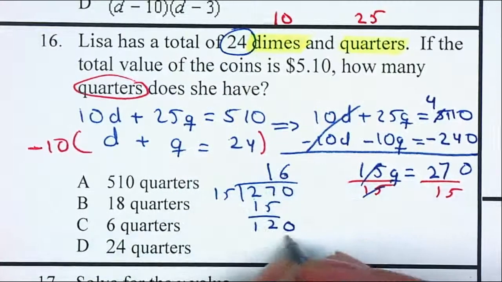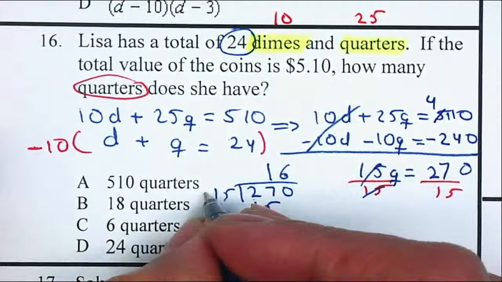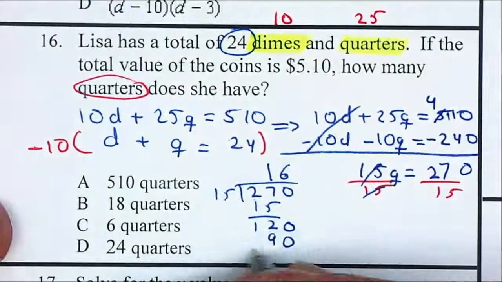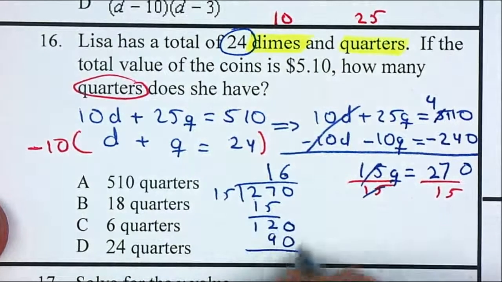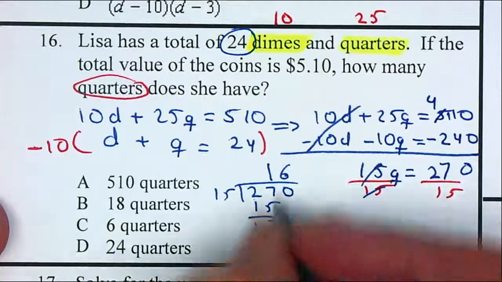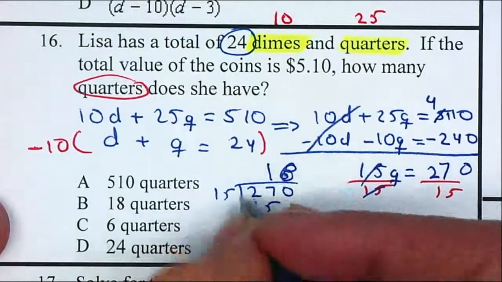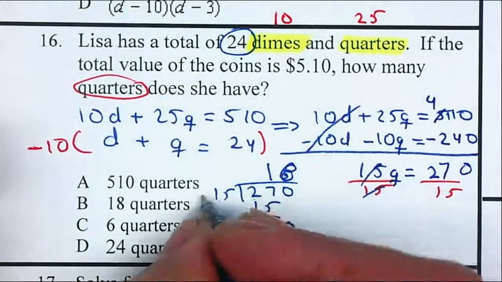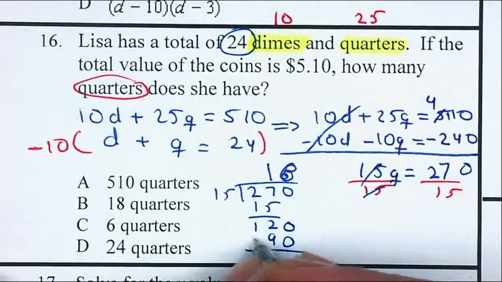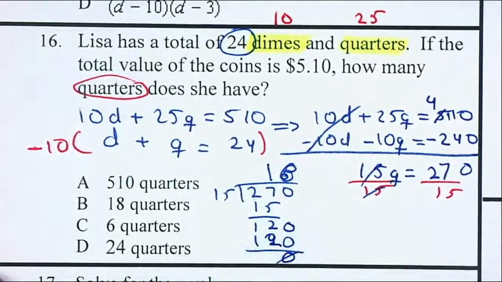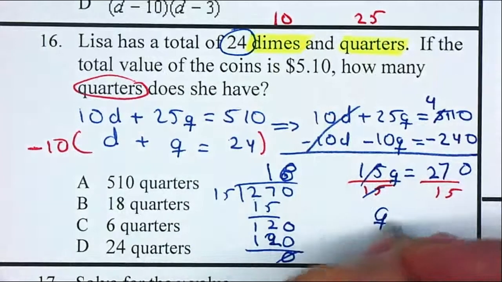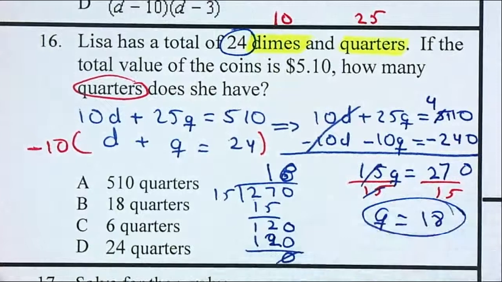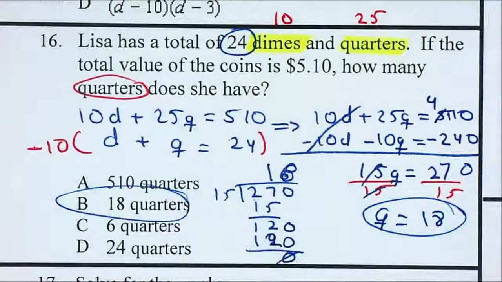That gives me 90, which is too big because it still goes in one more time. So let's try 8 instead. 8 times 5 is 40. Carry 4. 8 times 1 is 8, and 4 is 12. There you go. So it gives you 0. So we have Q is equal to 18. So you have a total of 18 quarters.